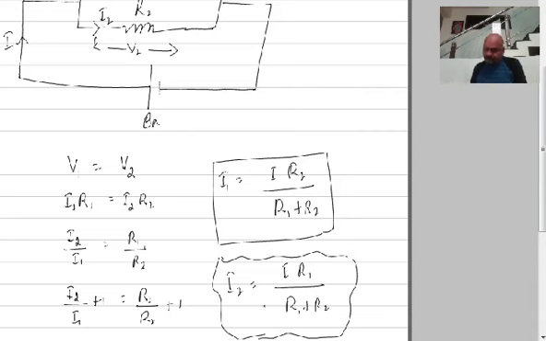What you have to understand is that the current in any branch, that is I1, is equal to main current into resistance of the other branch divided by R1 plus R2, the sum of the resistances. So current in any branch is equal to main current into resistance of the other branch divided by the sum of the resistances. That is I1, and similarly I2. This is known as the branch current formula. It is applicable only when two resistors are connected in parallel.